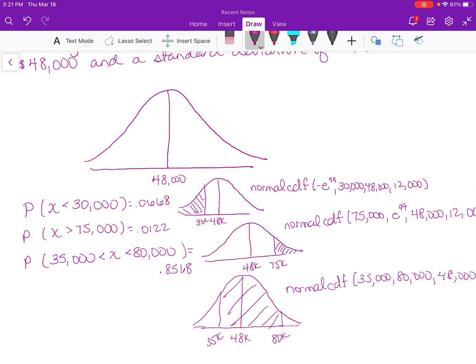So, if I was marketing this job and I was trying to hire someone, I could tell them that there's about an 86% chance they would make between $35,000 and $80,000 at this job.